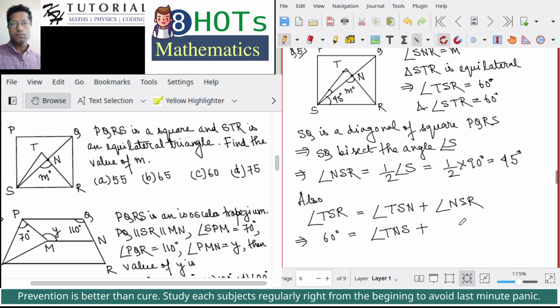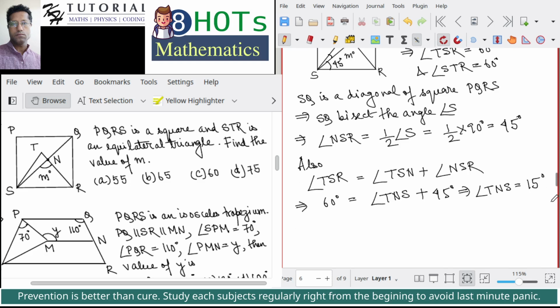Angle NSR is 45 degrees. So this will imply that angle TSN is equal to 60 degrees minus 45 degrees, that is 15 degrees.